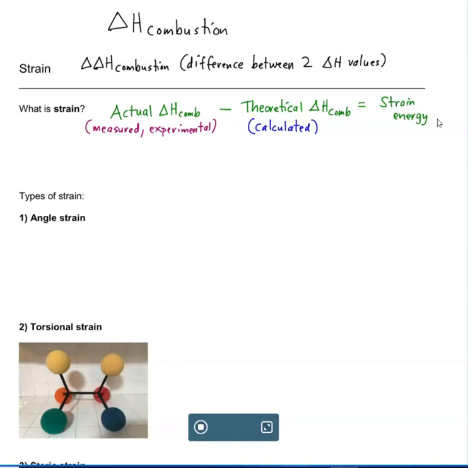So what we can say about strain is that it's a difference in energy between a measured heat of combustion, so a measured delta H of combustion for a molecule, and a hypothetical calculated version of the heat of combustion for a strain-free version of that same molecule.